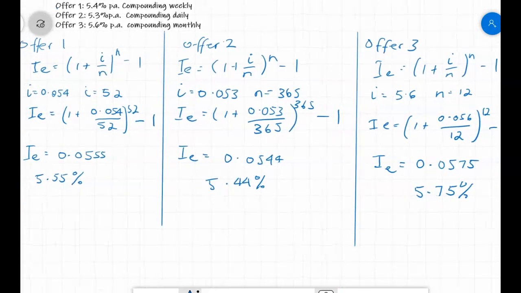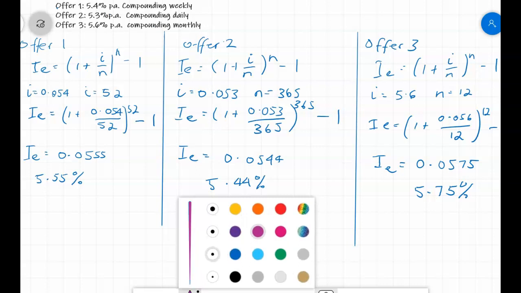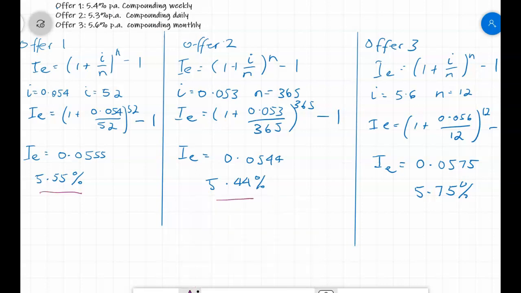If you were going to write this up as an answer, you can see here the values that we're comparing: offer 1, offer 2 and offer 3. This was Ella.